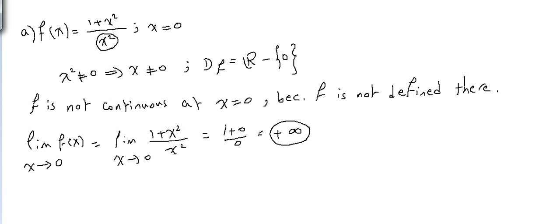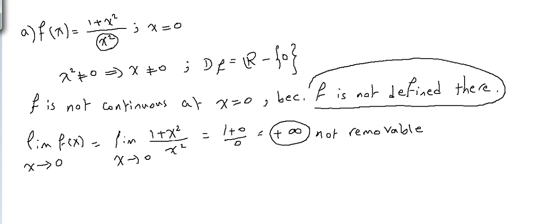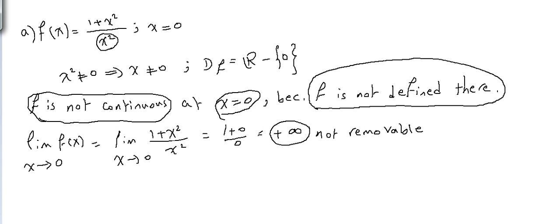So, end of this part. We shouldn't do anything here. It's enough to tell him not removable, because the limit tends to infinity, and since f is not defined at x equals 0, this means f is not continuous at x equals 0. Okay? This is part A.